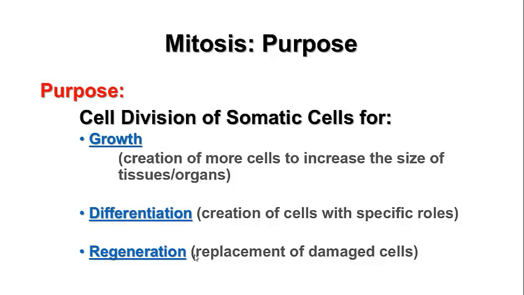In which case they need to be regenerated from either differentiated cells or undifferentiated cells, aka stem cells. In that case as well, it is mitosis which is being employed as the means of cell division.